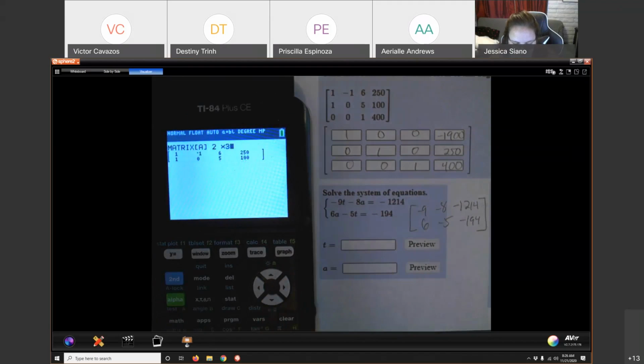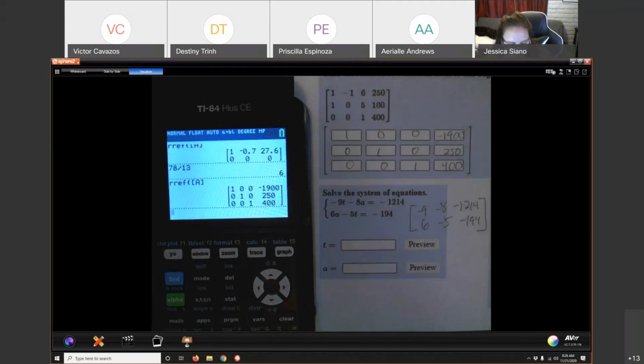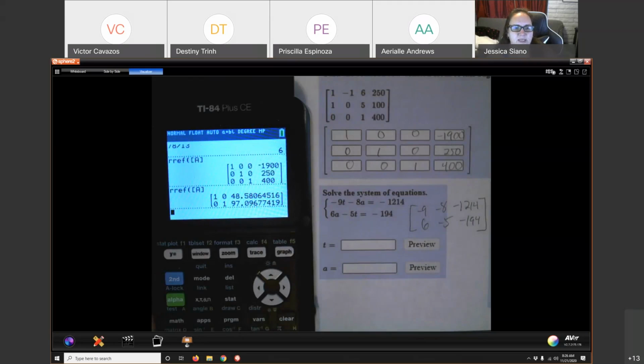This is a 2x3, -9, -8, -12, 14, 6, -5, -194. And then second, and then mode to quit to save it. I was just making sure it was okay. And then honestly, I'm just going to do second enter because that's going to pull up my RREF of A, since I saved this matrix in A as well.